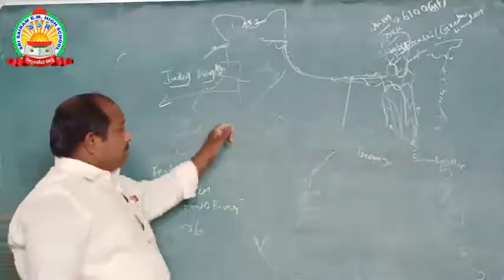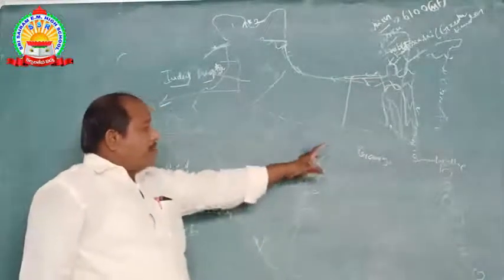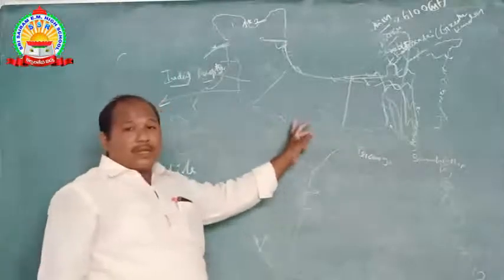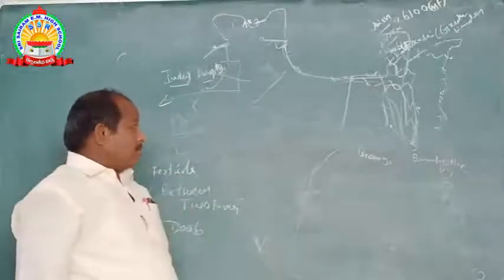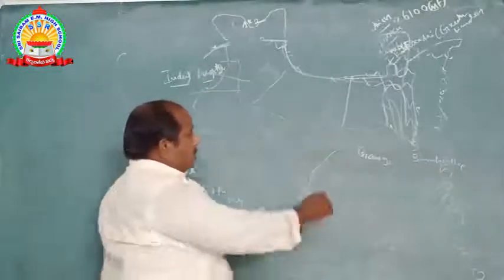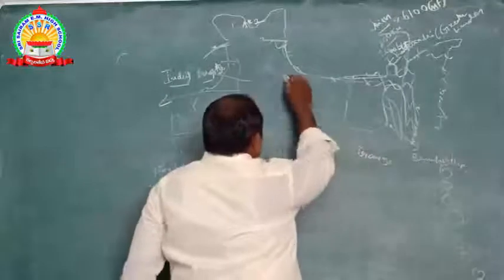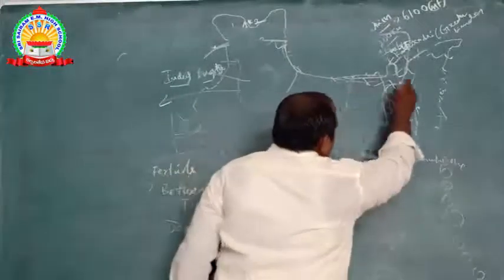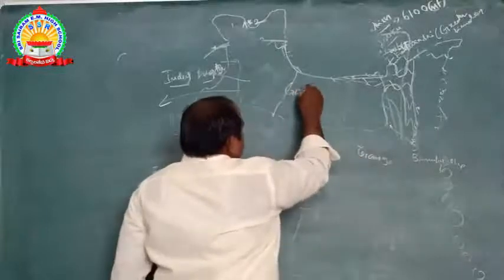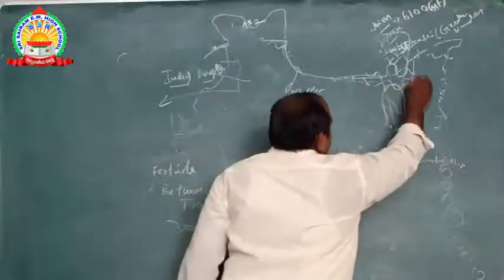Let us discuss the central part of the Indo-Gangetic Plain. It is known as the Ganga Plain. It lies from Gaggar to Tista.